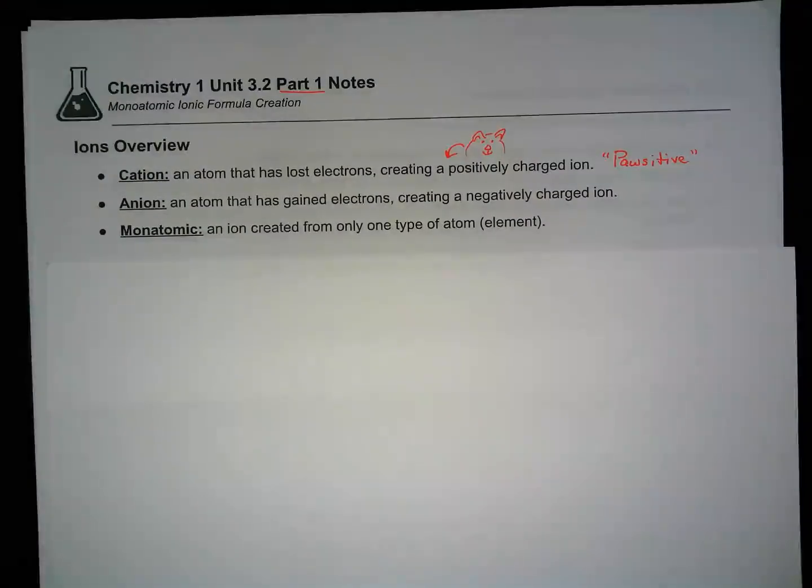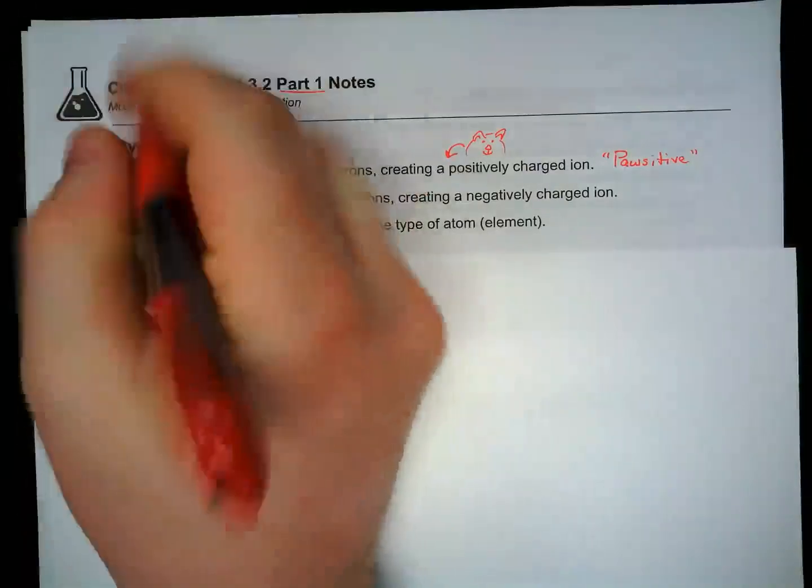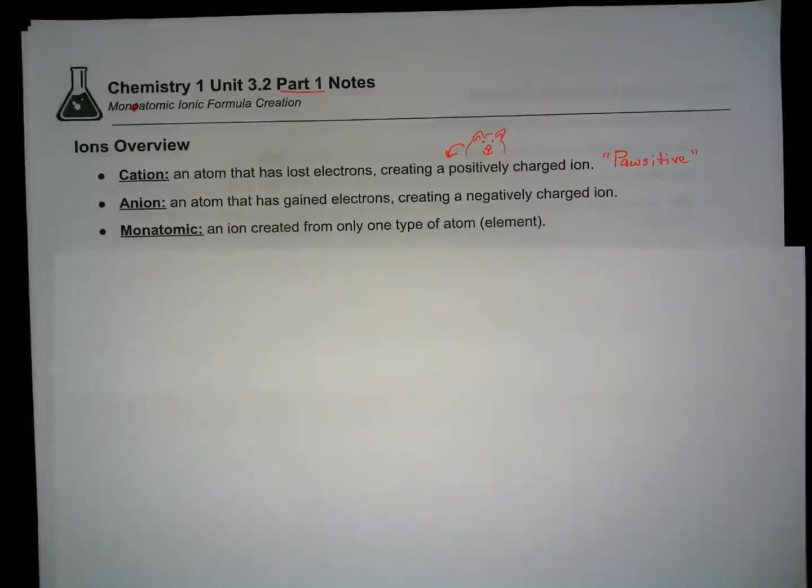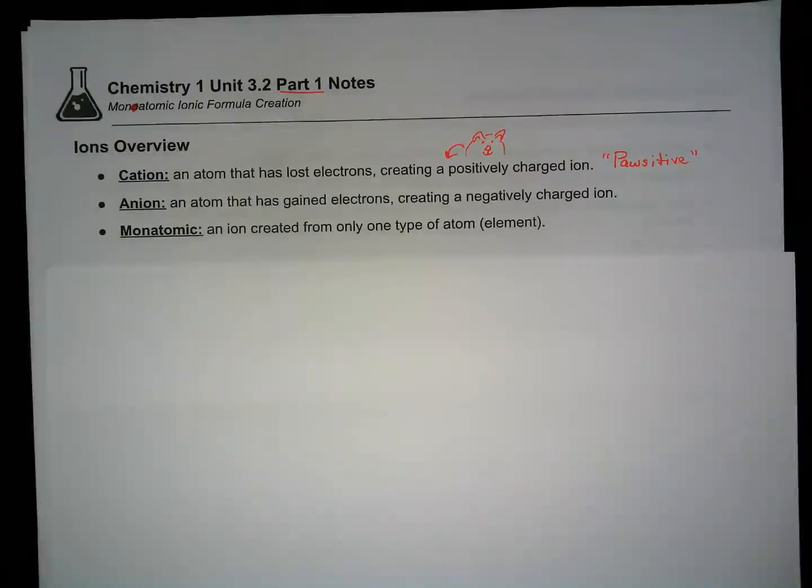Now, what we're going to be getting into is monatomic ionic formula creation. And in order to start creating these, we have to know what monatomic means. Oh, I just realized I misspelled this up here. Monatomic ions are ions created from only one type of atom or element.